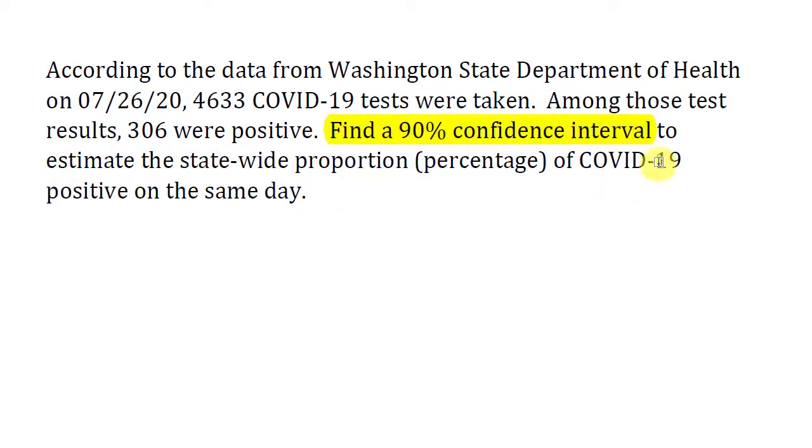And the purpose of this confidence interval is to estimate the statewide proportion of COVID-19 positive on the same day. Our main goal is to find the confidence interval, but this number given here is regarded as the confidence level. So I'm going to turn over to my writing board and let's get started nailing down a few given information.